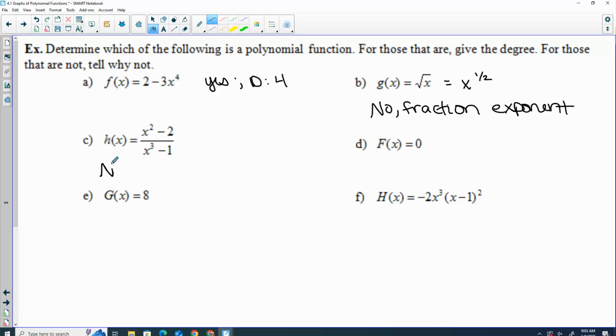So C is not a polynomial because we have a variable in the denominator. Can't divide by a variable in a polynomial.